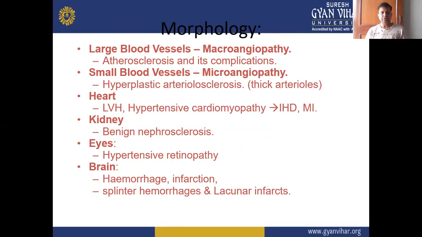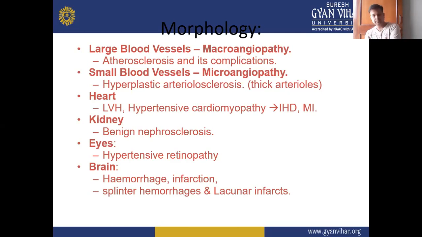Now, morphology. Large blood vessels involvement is called macroangiopathy. Under this, atherosclerosis and its complications may occur. Small blood vessels involvement is called microangiopathy. Hyperplastic arteriosclerosis, also called thickening of arterioles, may occur.